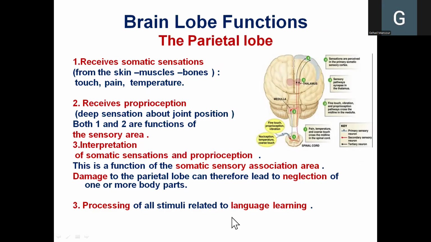But it's also related, and this is function number 4, to language learning, processing all stimuli related to language learning. If I want to ask you a more difficult question, I would ask you, guess what type of stimuli might be related to language learning? First of all, of course, visual stimuli. You learn the alphabet, for example, by learning the shapes of the letters. So you have to see in order to learn.